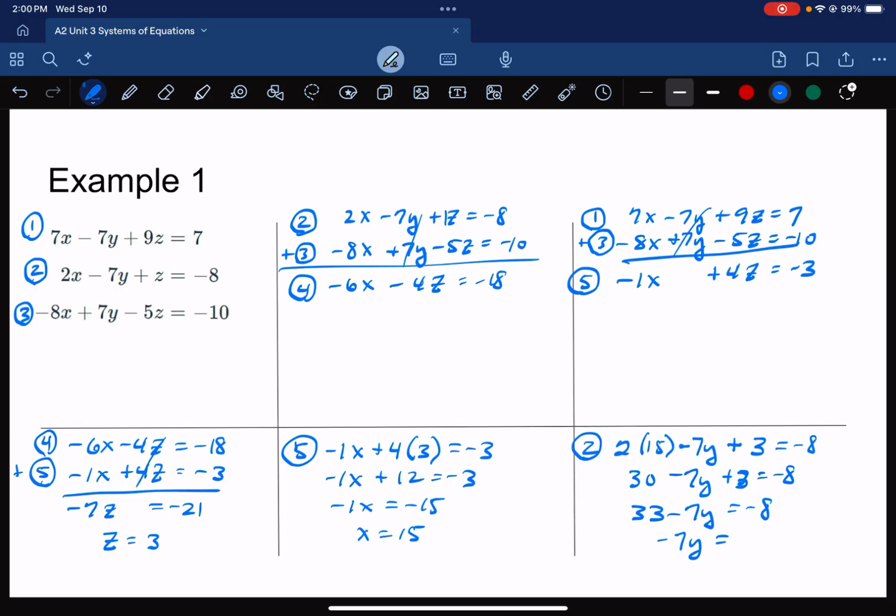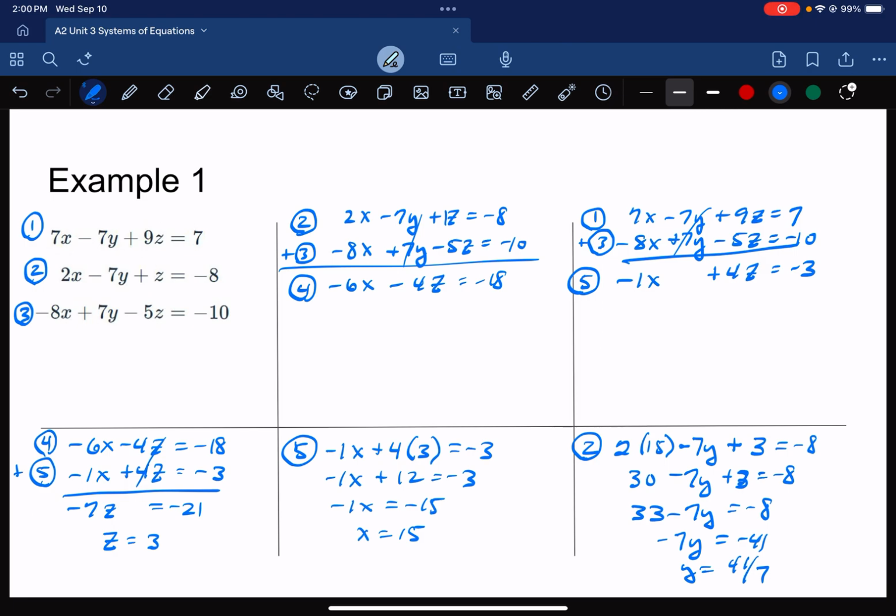So negative 8 minus 33 is negative 41. And if I divide, I get 41 over 7. Interesting. All right. Well, we're just going to go with it.